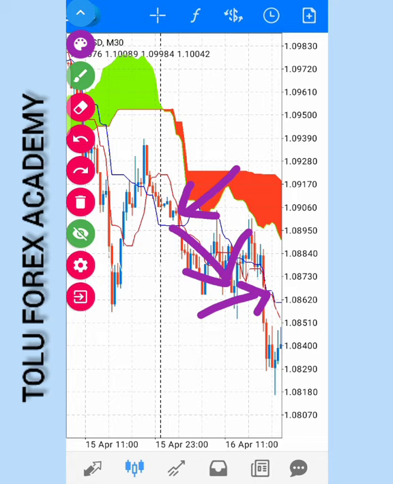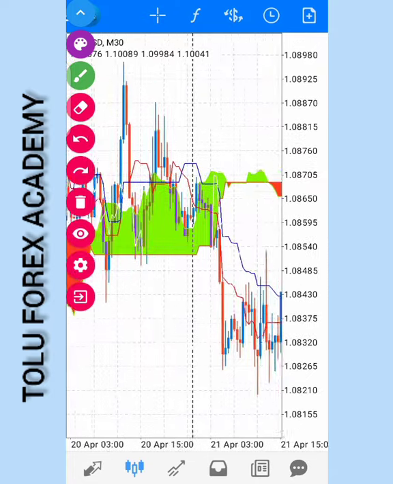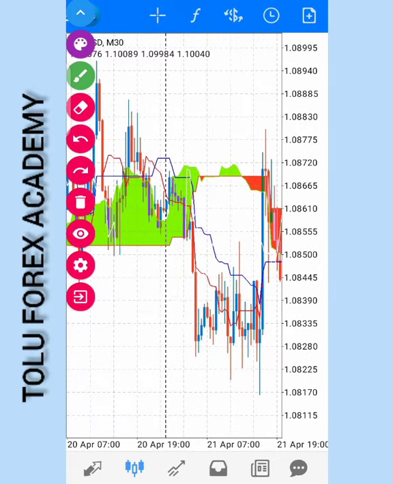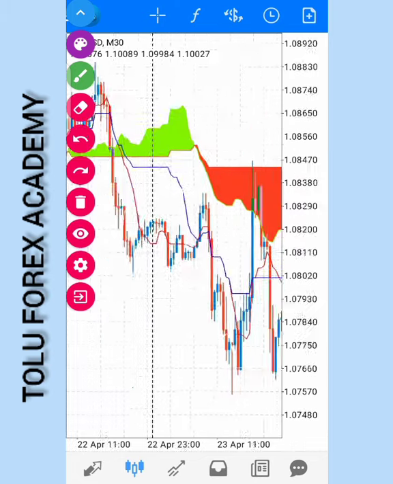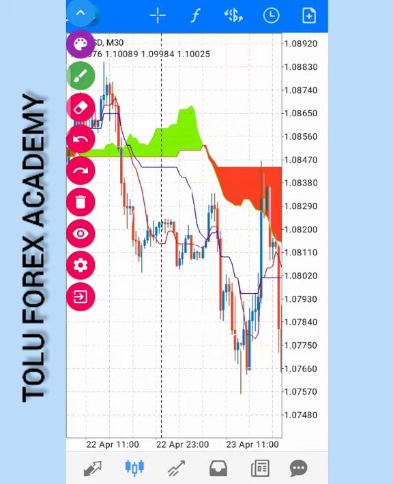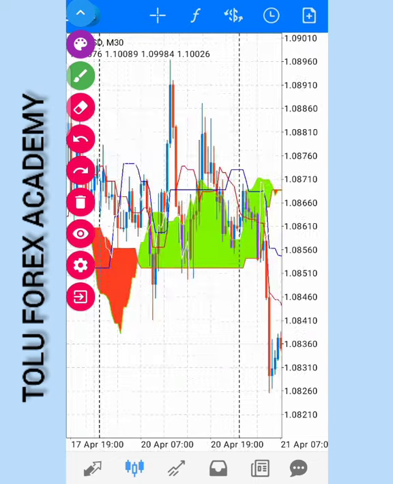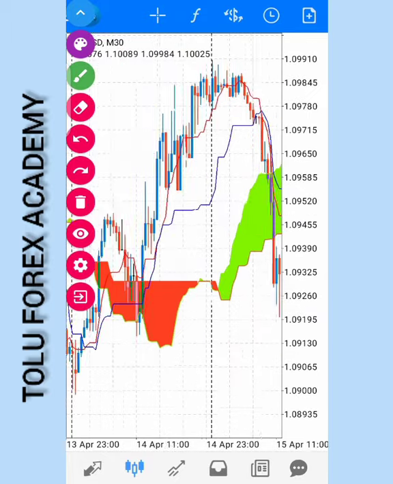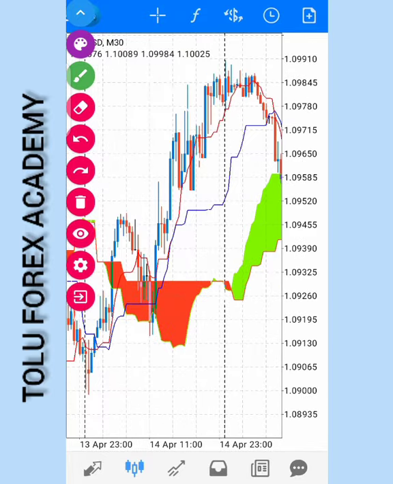All right, and you want to check another setup here. This is another typical example of a downward trend below the cloud. So you want to check for, like I explained before, number one, when the candle crosses.